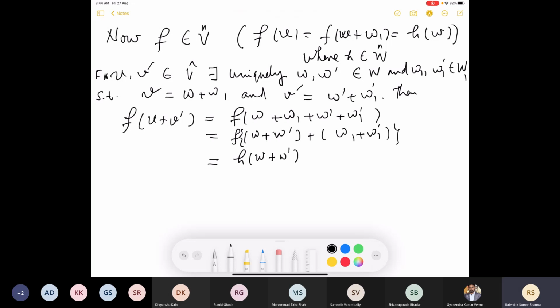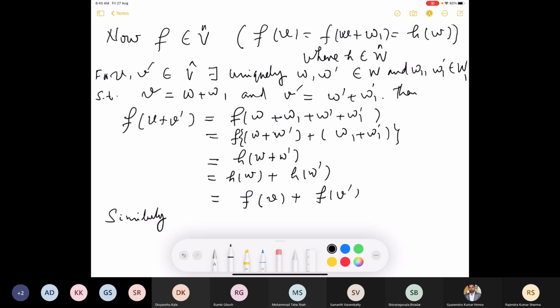Now h is in W hat, that means this is a homomorphism, so this is h of w plus h of w prime. h of w we have defined to be f of v, and this is f of v prime. So it preserves the sum, and similarly you can also prove that f of alpha v is the same as alpha f of v. So what we have got is f is in V hat.